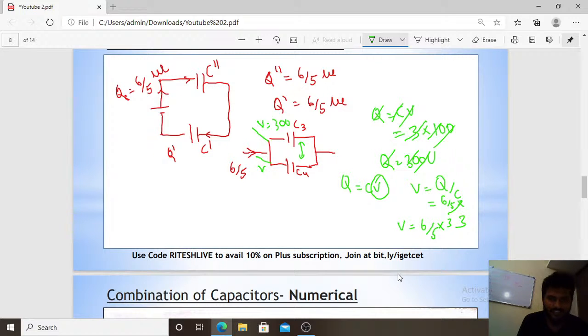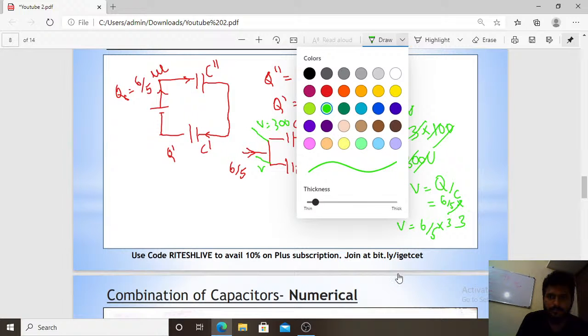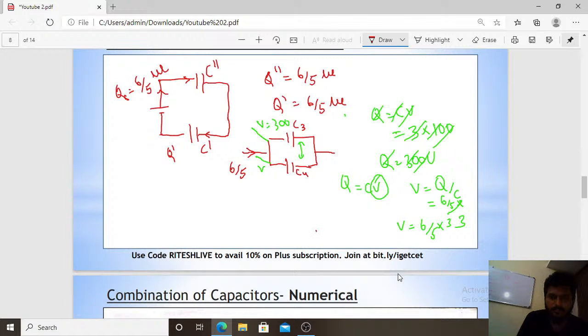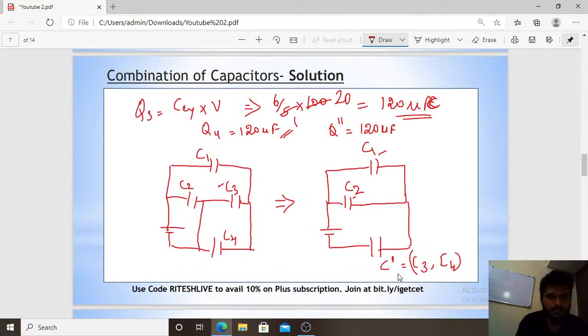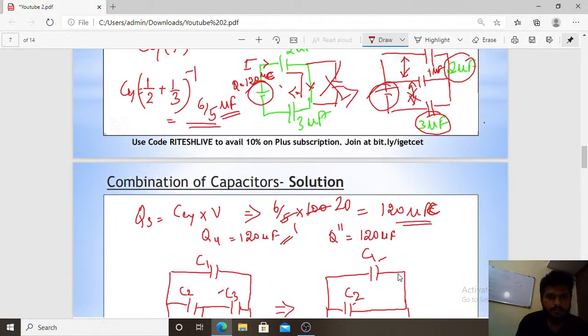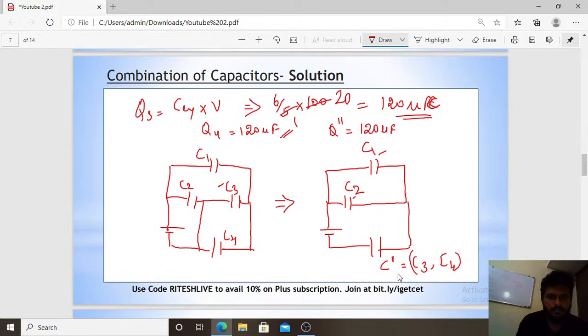Okay, sorry. Thank you. Q equivalent, Q net we got how much? 120, right?